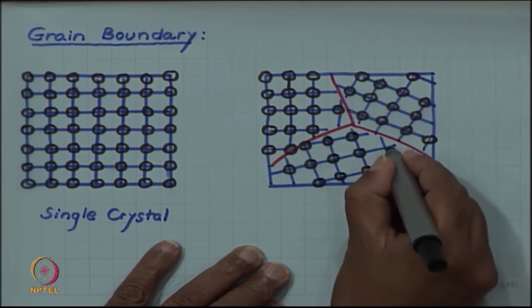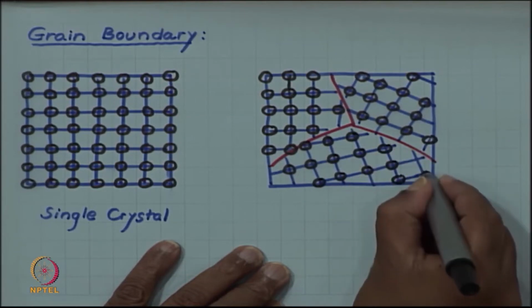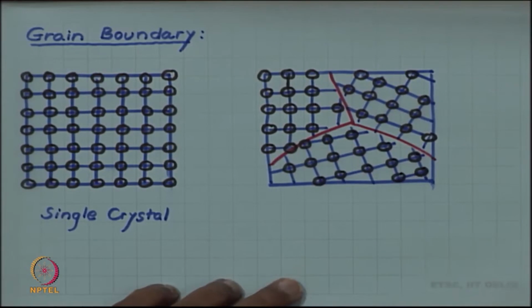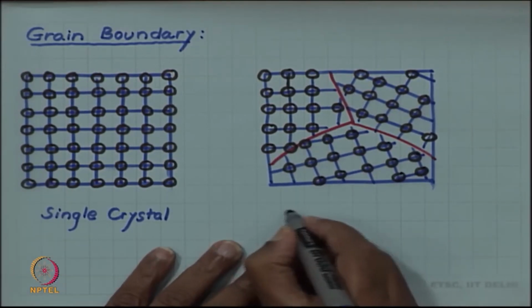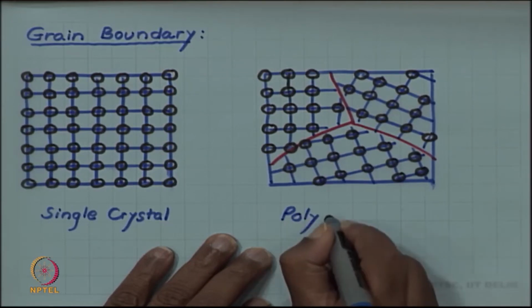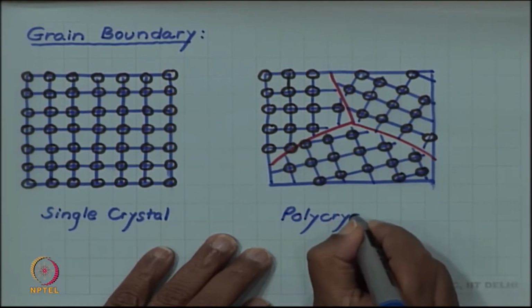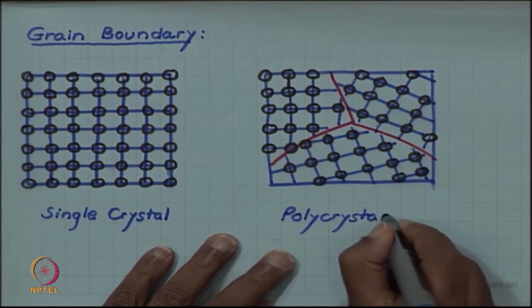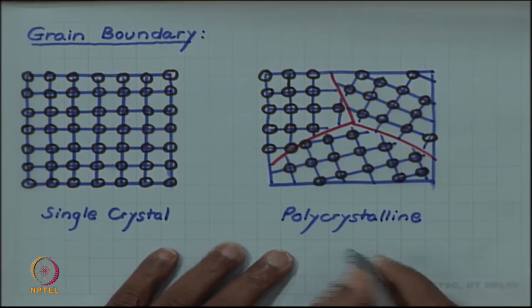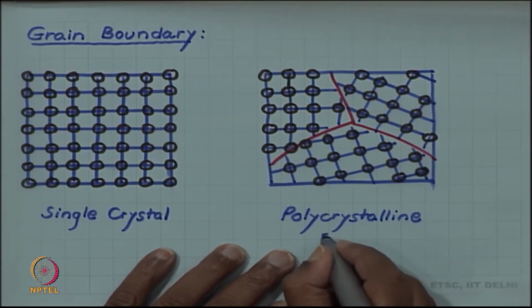Orientation is no more the same. And this kind of sample is more common in engineering and in practice, and these are called polycrystalline. One has to make a special effort to get a single crystal. So, this is a polycrystalline sample.